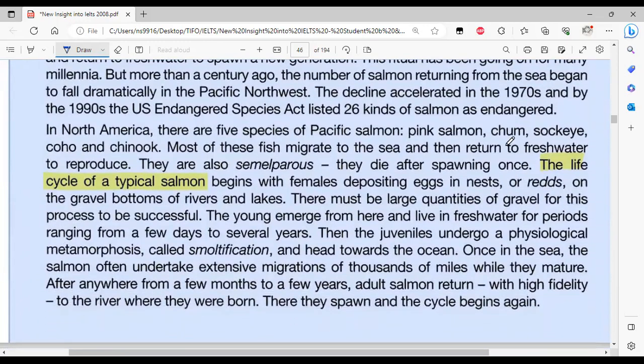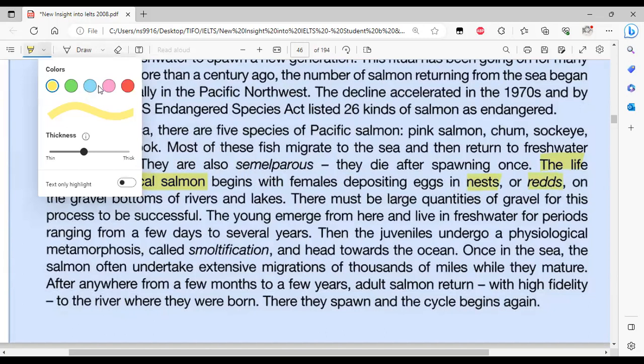Okay, now here we have the life cycle of a typical salmon, and we're looking for a place where they lay their eggs. Nest. What is the answer? Nest or reds. Okay, yeah, so here, nests or reds. Now look, here we have the first stage, or the first step. Here we have the phrase begins. Okay, cool. This is fine.